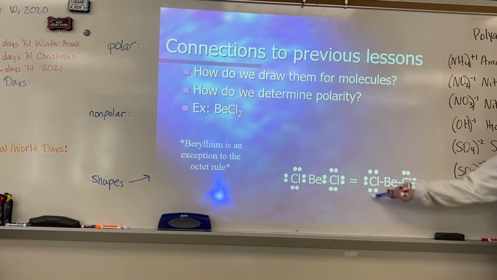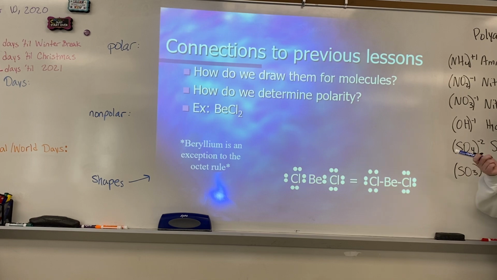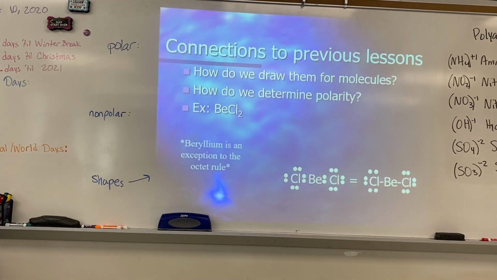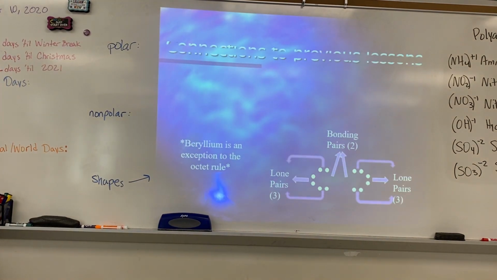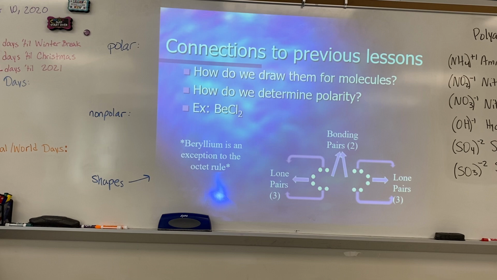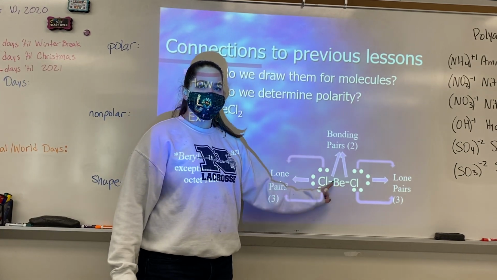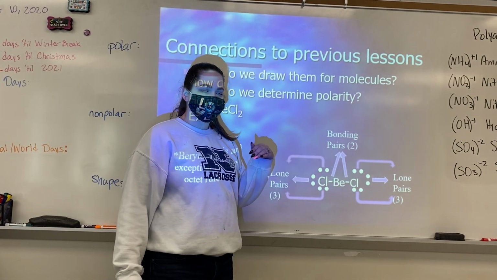So we have this compound, and we have to determine, is it polar or is it nonpolar? Okay, so these 2 single bonds, remember the single dashes represent single bonds.